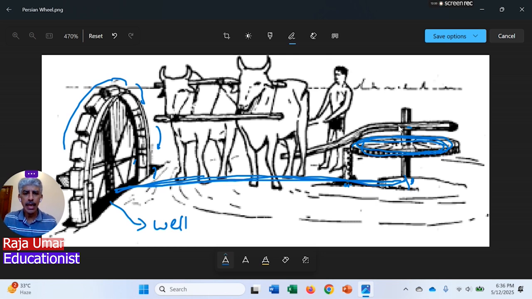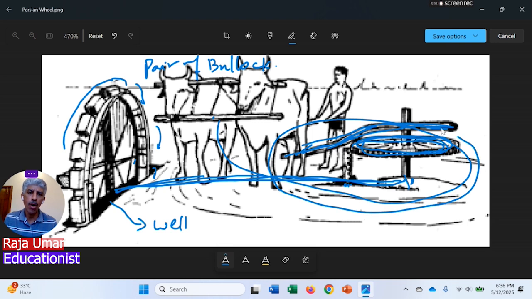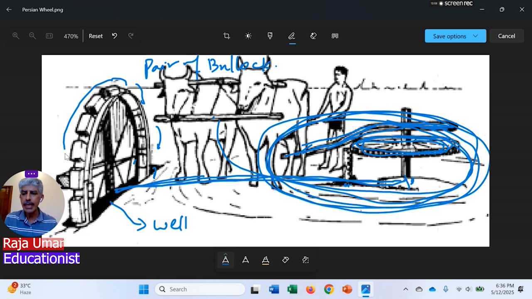And here is a wooden ledge attached with this wheel, and animals are tied up. Again, a pair of bullock over here, attached with this wooden ledge, and these animals keep on rotating around this one like this, making this wheel rotate like this.